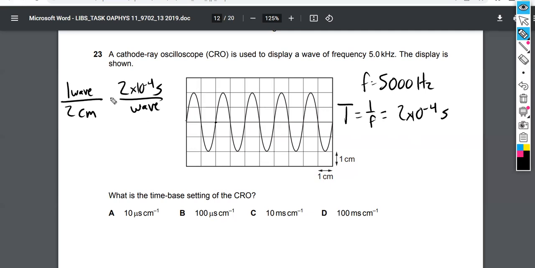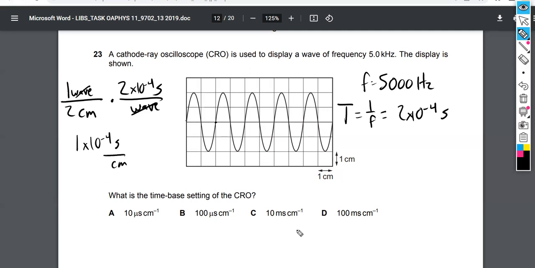And if we multiply it by the number of waves per division, or per centimeter in this case, now we're getting waves to cancel, and we've got the amount of time per centimeter, which agrees with the units of the answer choices. So 2 times 10 to the negative 4 divided by 2 gives me 1 times 10 to the negative 4 seconds per centimeter.